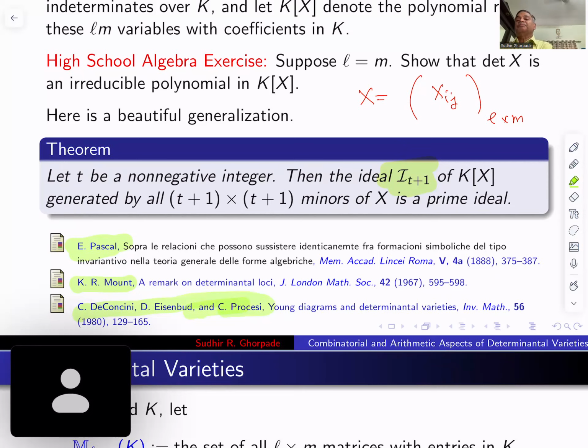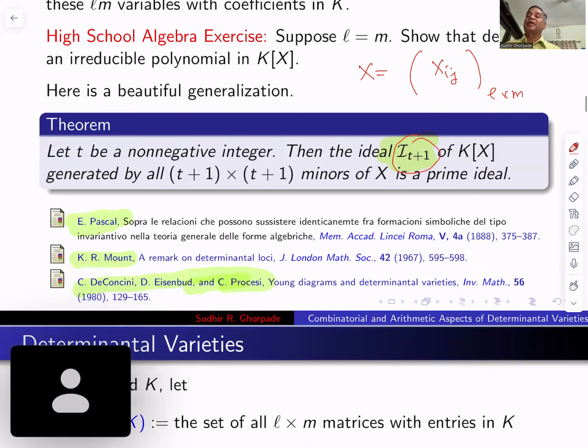So that's a first remarkable theorem that I want to talk about. Ideals like this, I'm going to call determinantal ideals, and the variety I'm going to call a determinantal variety.